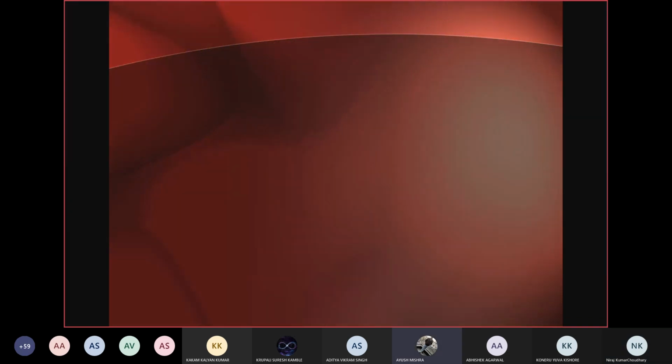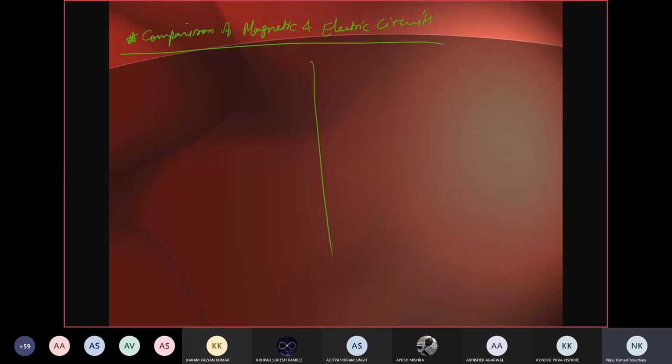Now if we do the comparison of magnetic and electric circuits, we have seen each component, but still let us see a summary. Suppose this is the electrical circuit column and this is the magnetic circuit column.